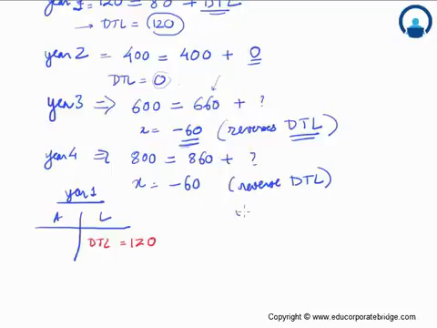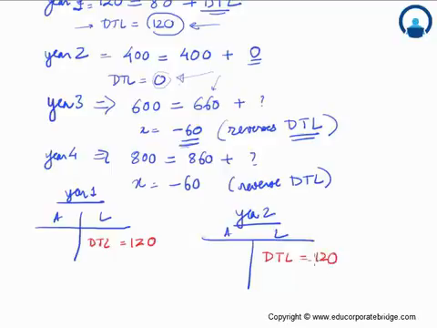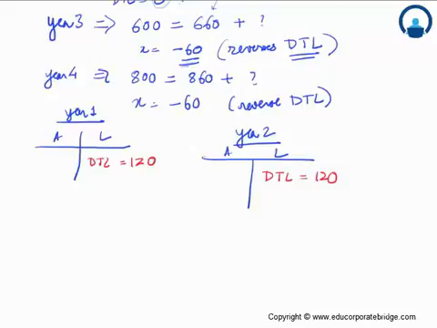In year 2 you have assets, you have liabilities. Now what happens? Initial liability is 120 and then there is no addition or subtraction of this liability. So here as well your deferred tax liability is 120 because there is no addition or deletion in the respective years. Now let's look at what happens in year 3.